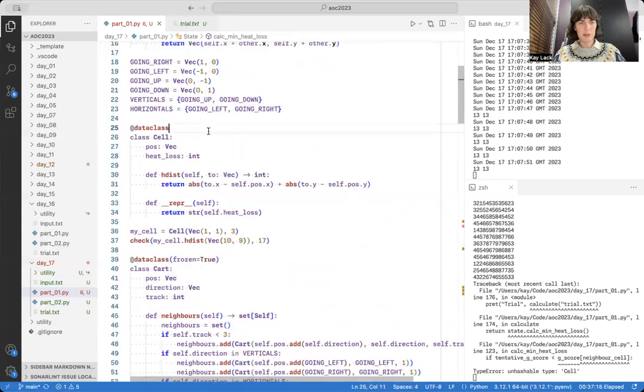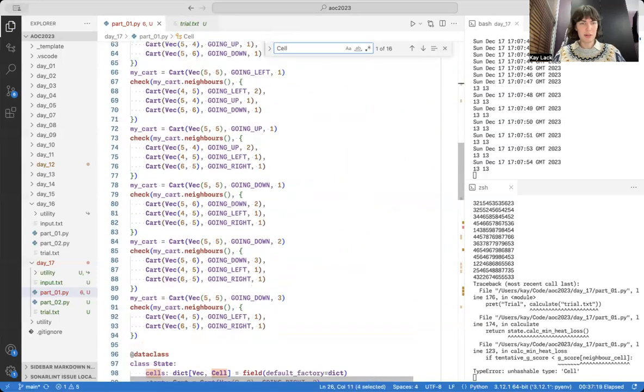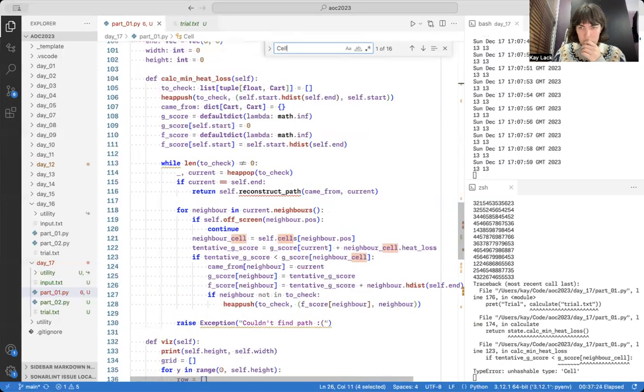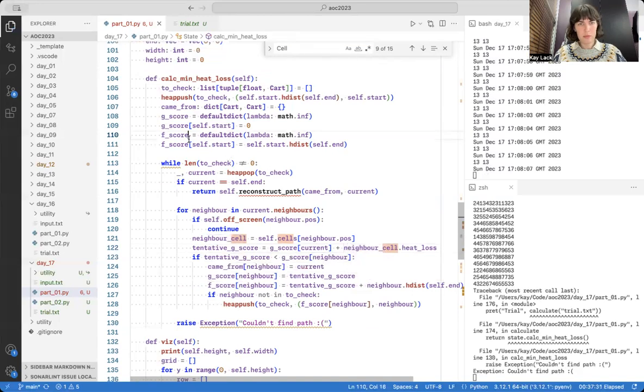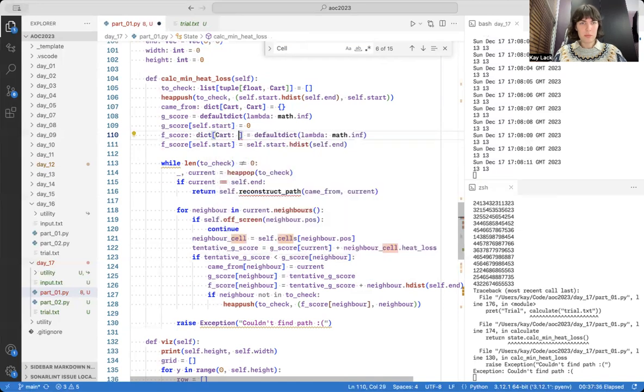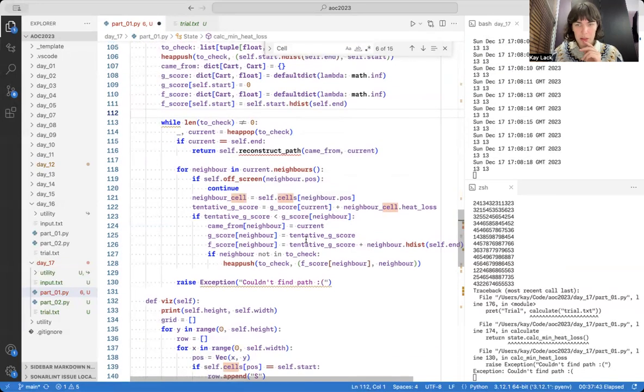Unhashable type cell. Where are we trying to hash cell? Neighbor cell. This typing is going to be important. Okay. Couldn't find the path.